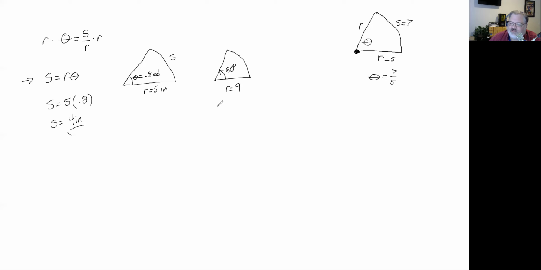If we tried to use the same formula, S equals r theta, with this 60 degrees, we'd have our 9 times 60 degrees, and our result would say that the length of this arc is 540 foot degrees.